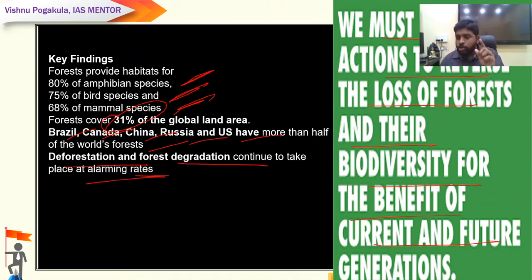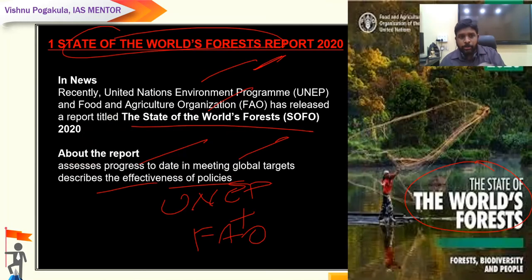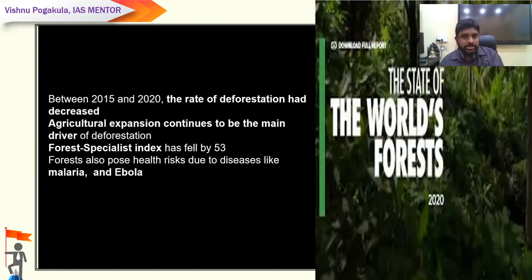So this is the question most expected for prelims 2020. Who are the people giving the report? The State of the World's Forest Report 2020 by UNEP and FAO, world organizations. Between 2015 and 2020, the rate of deforestation decreased. This is a very important revelation.